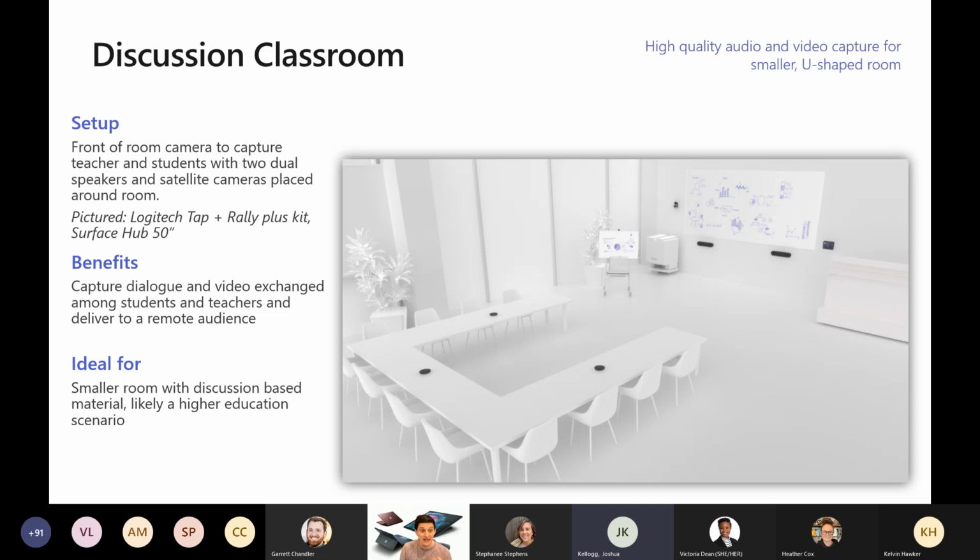So we have front of room camera captures to capture not only the teacher, but students with speakers and cameras and microphones placed around the room so that we can actually capture everything and everybody. We could add a Surface Hub to this mix as well to allow whoever's at the front of the room to share, draw on a whiteboard, and collaborate.